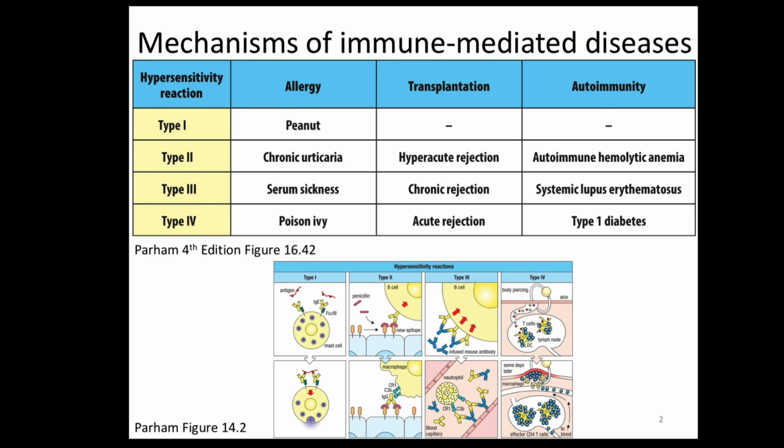So what I want to mention with regard to all of this is that if we're being super technical in terms of immunology, if an immunologist says autoimmunity, they basically mean an immune response to self.